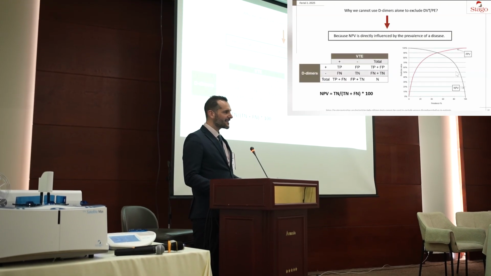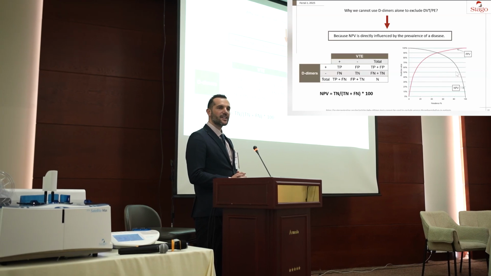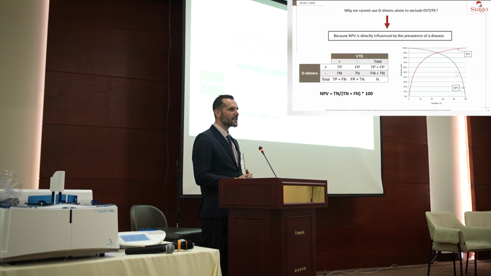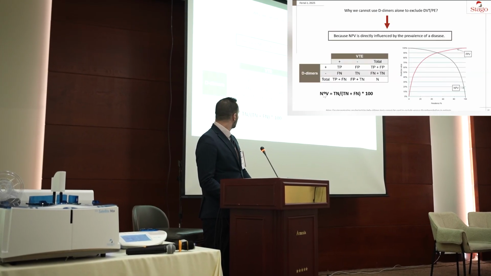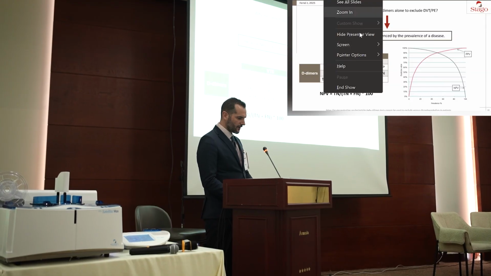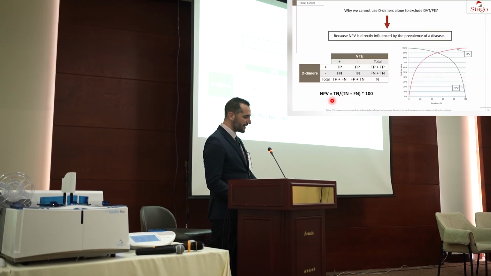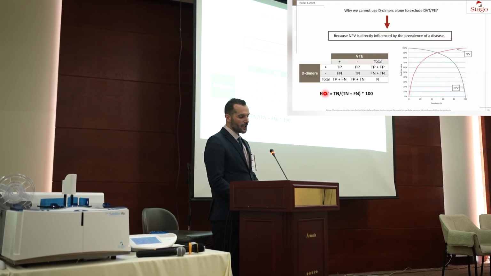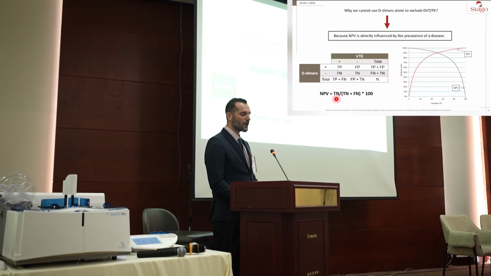So in fact, it's easy when we know it. It's because the negative predictive value of a test is directly influenced by the prevalence of a disease. If you look at the formula of the negative predictive value, you can see that this formula depends on the number of true negatives and false negatives.